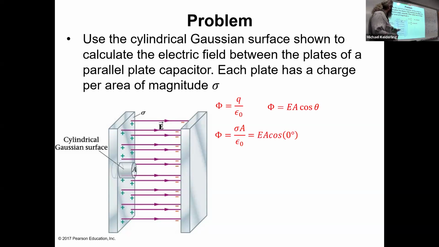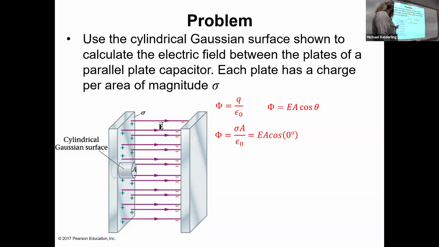The flux through the end cap A, which is sigma times the area over epsilon naught, will equal the electric field times the area times the cosine of 0 degrees. The flux through the end cap inside the metal plate is 0 because there's no electric field.